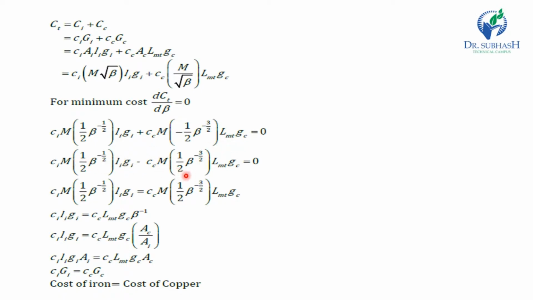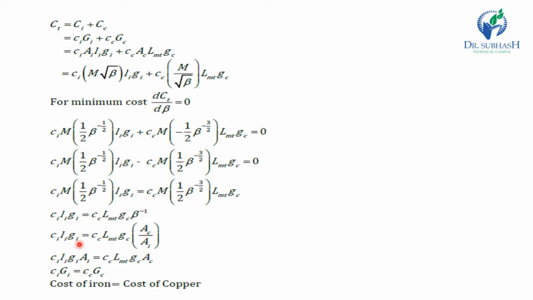Now we compare both terms and get Ci into Li into gi equal to Cc into Lmt into gc into beta to the power minus 1, and beta is equal to Ai upon Ac. So beta to the power minus 1 is equal to Ac by Ai.